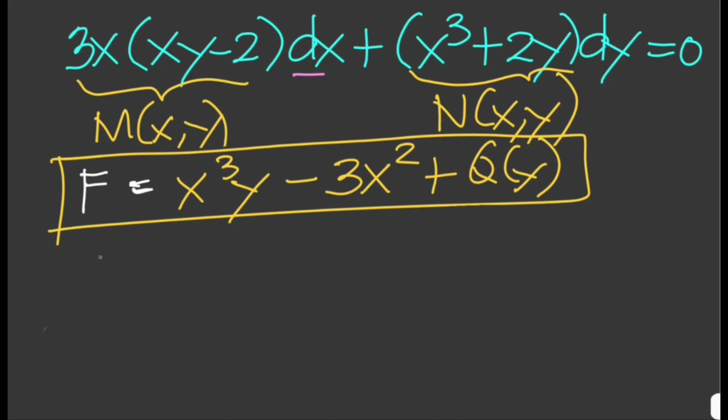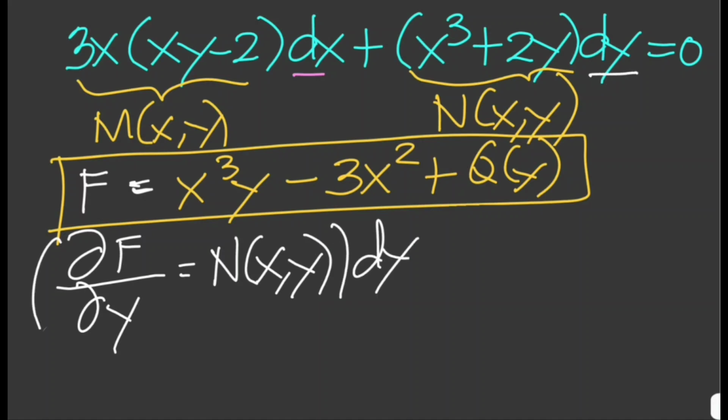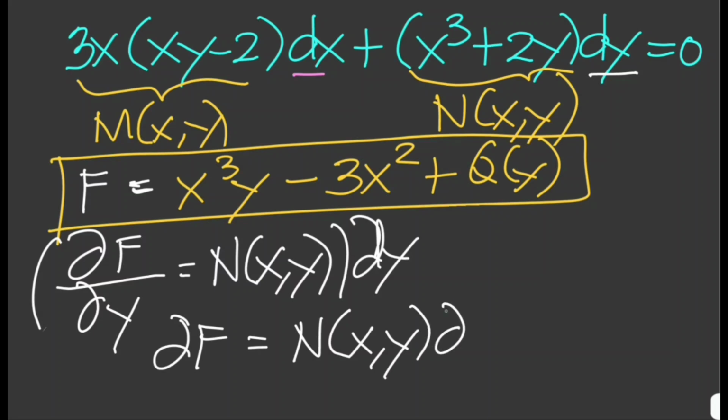Now let's solve for the partial derivative of f with respect to y with the function n of xy, because n here corresponds to dy, and then we multiply both sides by dy, then we get df equals function n dy.